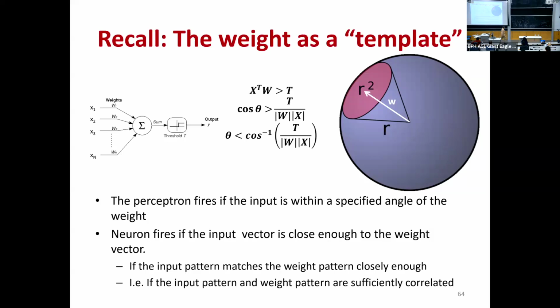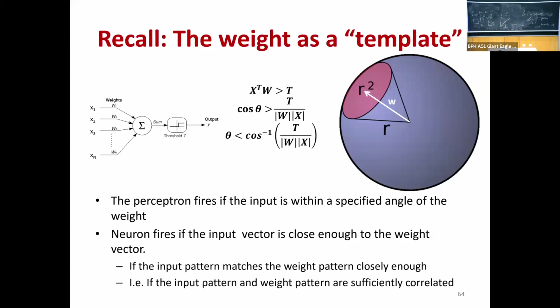So now when I compute the inner product of two vectors, if I have W transpose X, this is simply magnitude of W, magnitude of X, cos of theta, where say this is W, and this is X, and this is theta. That's the inner product of two vectors, right?